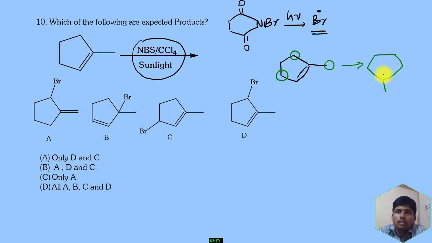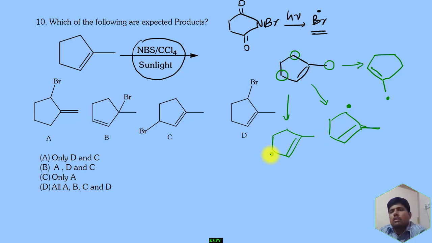So one is this way, another one is this way, and the third type is a very stable one here and this way.